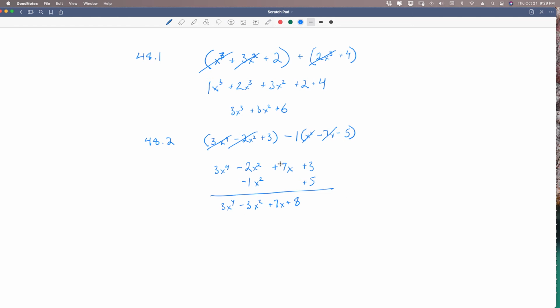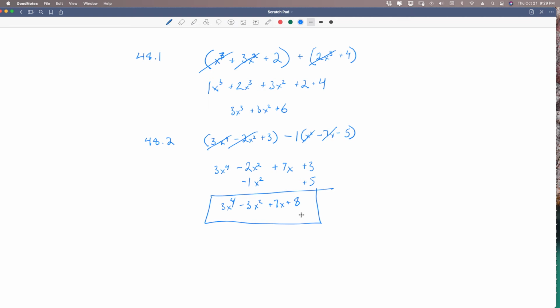This is just a little bit of extra so that whenever you come across a term, you can stack it under the one it matches, and then you can add like terms a little bit easier. It's just a shortcut that organizes your numbers for you. And then when you get your final answer, it's all arranged properly in descending order from the largest exponent to the smallest exponent.